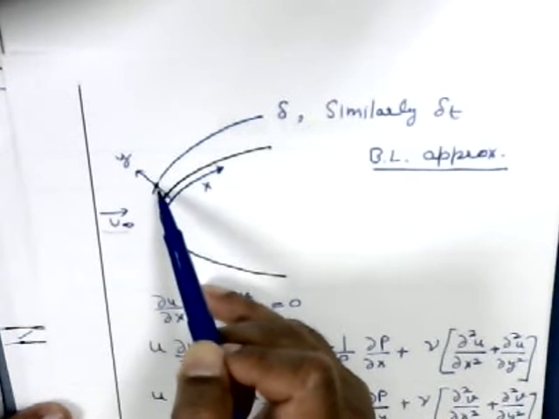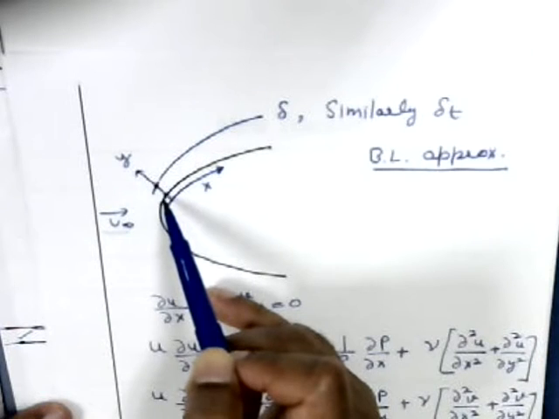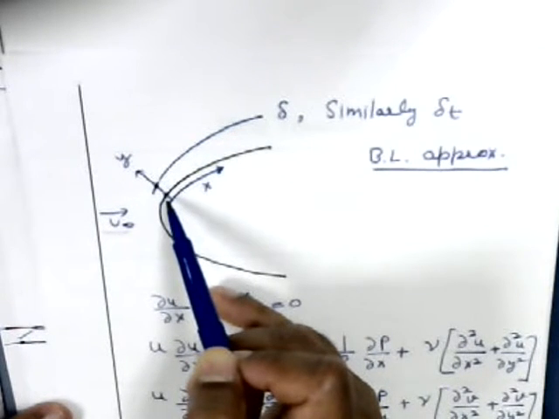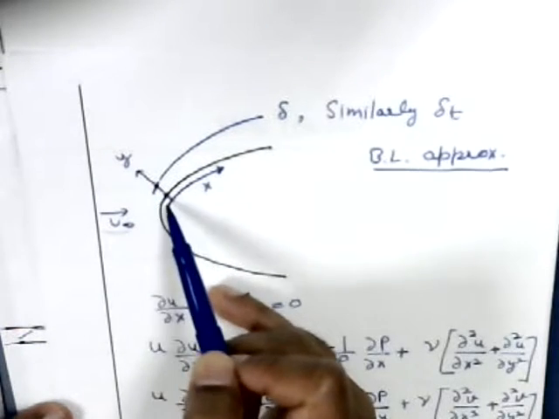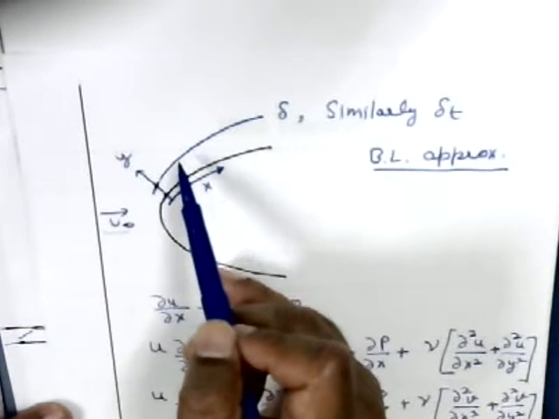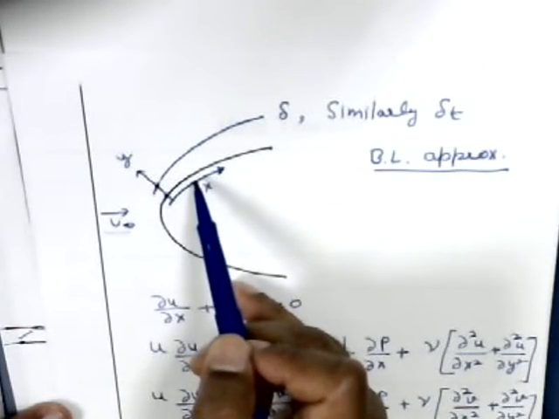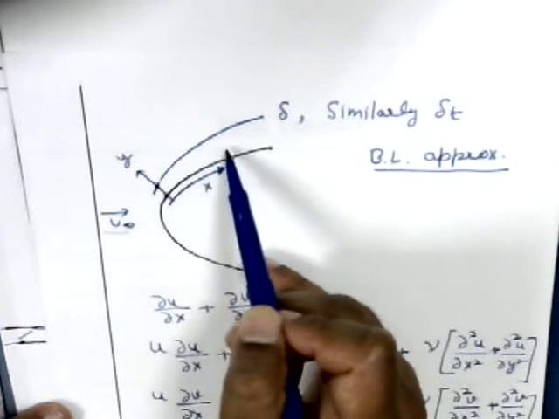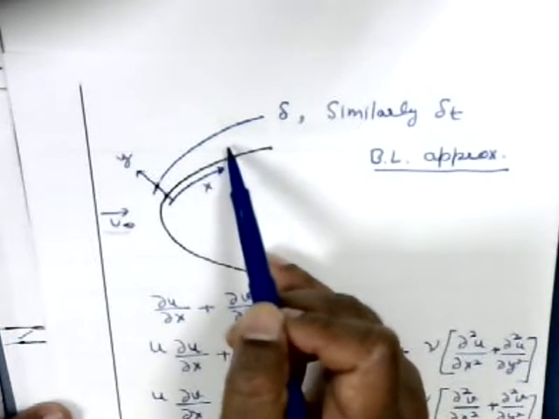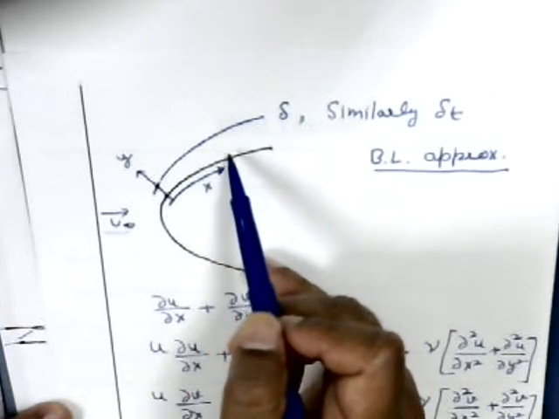So there is a large gradient in velocity in this direction. Similarly, there is going to be a large gradient in temperature in this direction. If temperature here is Ts and temperature here is T infinity, then the temperature gradient in this direction is large, whereas the temperature gradient in the other direction is very small in comparison. Velocity gradient in that direction is also very small.